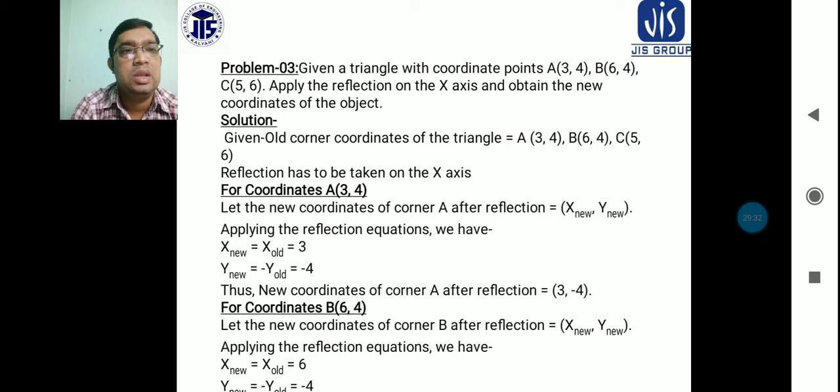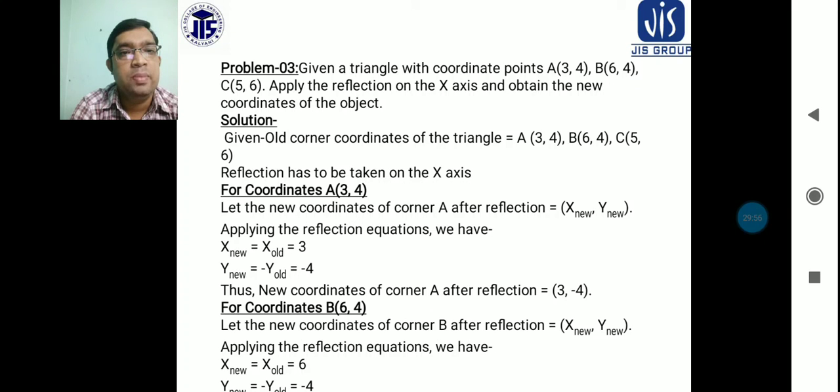After reflection, the new x and new y are calculated here. Applying the reflection equation, we have x new equals x old equals 3, y new equals minus y old equals minus 4. Thus the new coordinates of corner A after reflection are 3 minus 4.